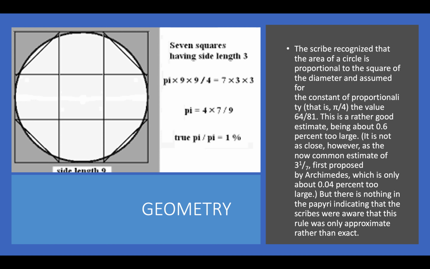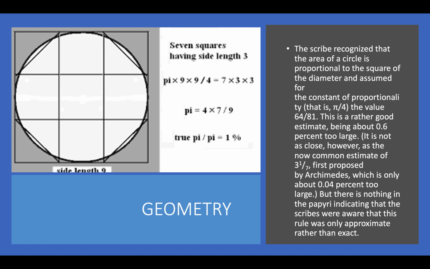The scribe recognized that the area of a circle is proportional to the square of the diameter and assumed for the constant of proportionality, that is pi by 4, the value 64 divided by 81. This is a rather good estimate, being about 0.6% too large.